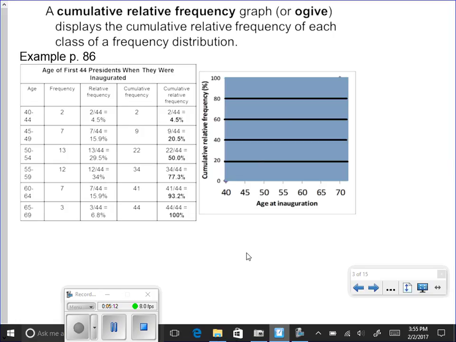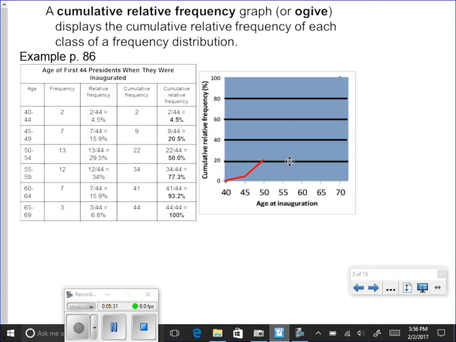And so from here, I could graph this. So from 40 to 45, I end up like this. There we go. 45 to 50 is at 20.5%, so it ends up right there.